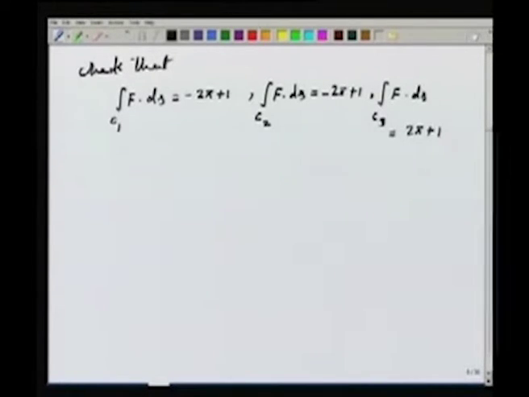Just calculate these integrals, it is essentially easy. You will observe this.